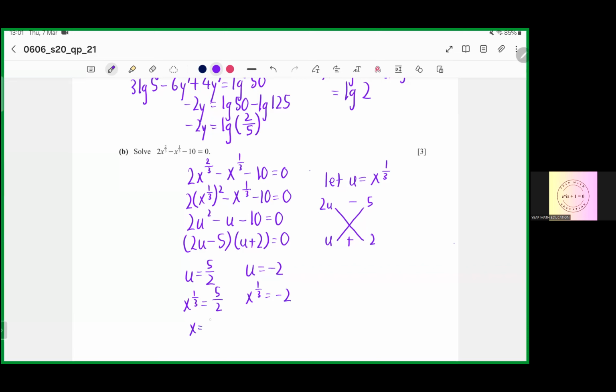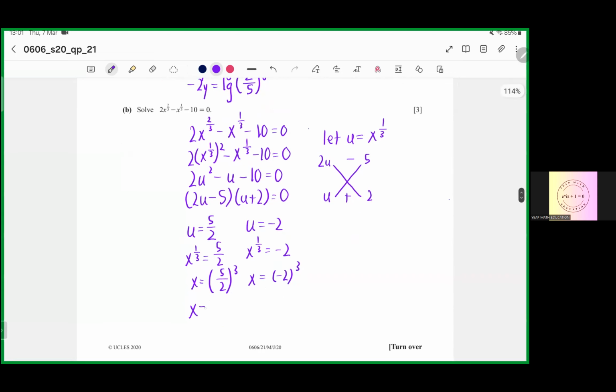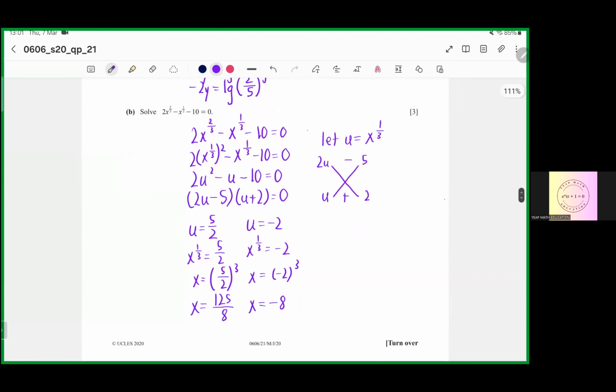Cubing, we get x equals 125 over 8, and x equals negative 8.